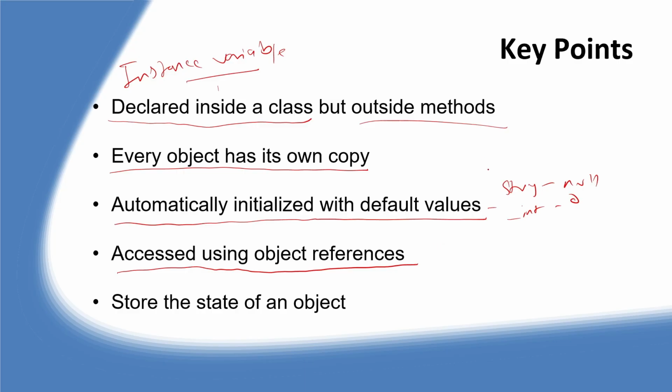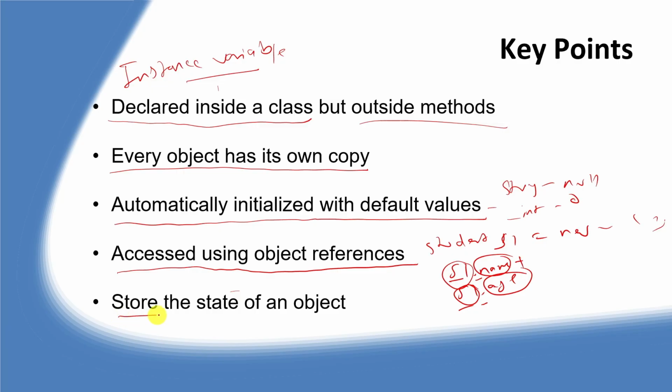And it is accessed using object references. We have seen, Student s1 = new Student. Then how are we accessing the instance variable? s1.name and s1.age. These are instance variables. We access them using the dot operator and the object reference.